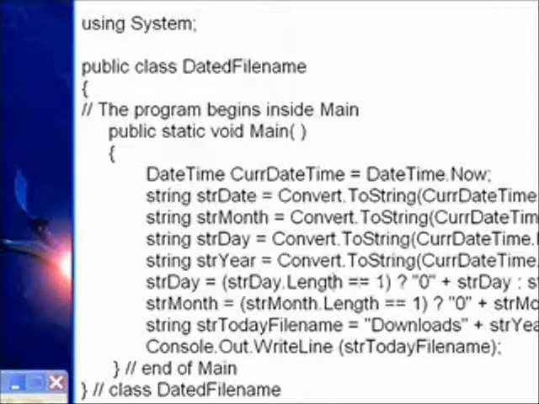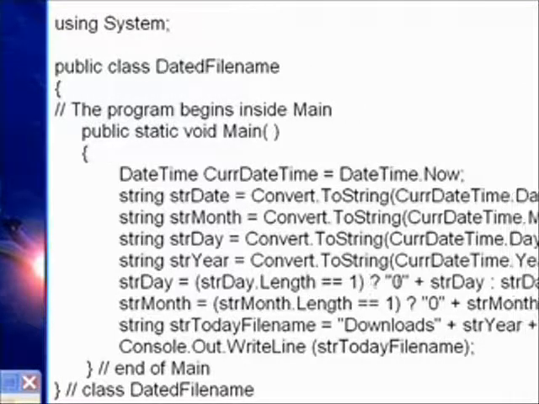For instance, if it's 1 through 9. And if it is, what we want to do is put a 0 in front of that day, so that we have fields that are always 01 through 31 or whatever, and so that'll sort in the right order, or else 1 will be on the same level as 10.